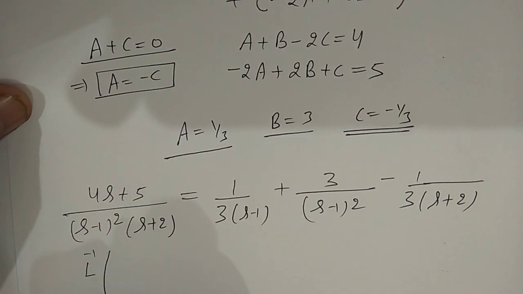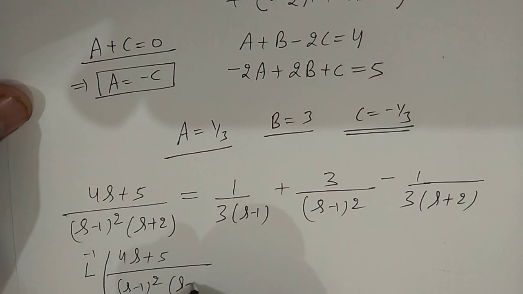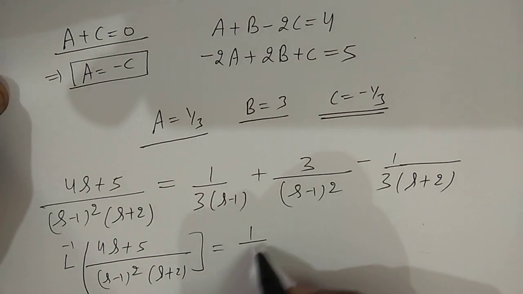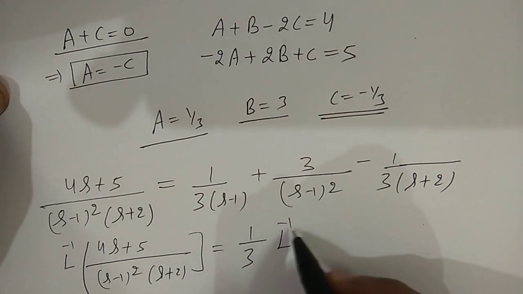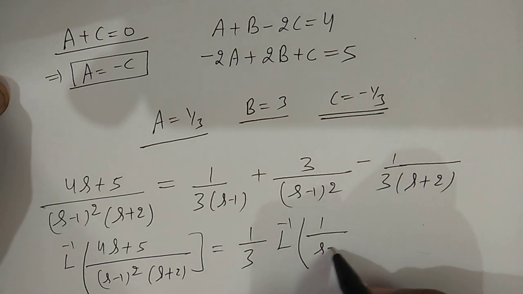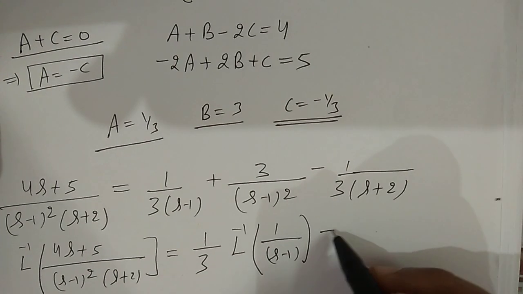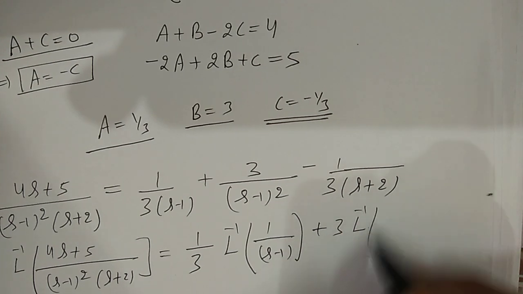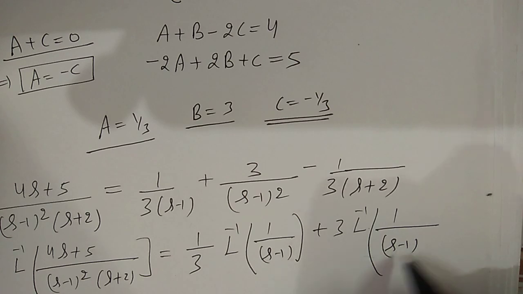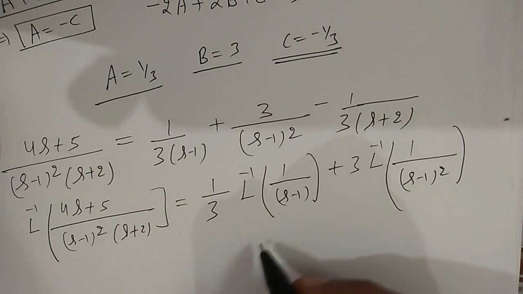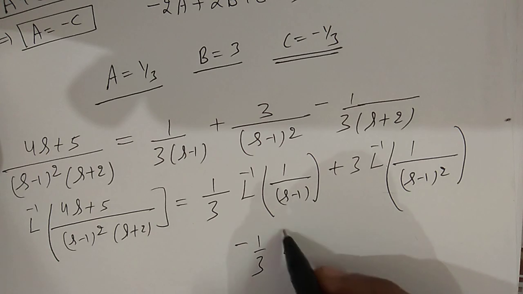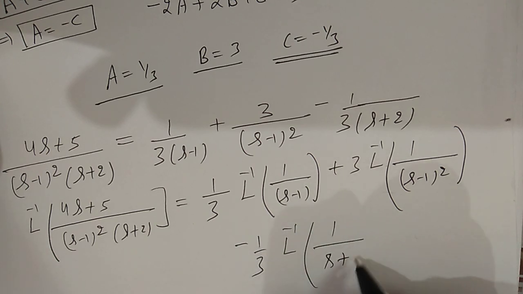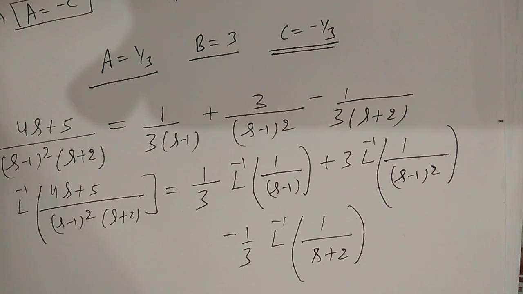The left hand side, L inverse of (4s + 5) divided by (s - 1)² (s + 2), equal to, I told you this satisfies the linear property, 1 by 3 inverse Laplace of 1 upon (s - 1), plus 3 times inverse Laplace of 1 upon (s - 1)², and minus 1 by 3 inverse Laplace of 1 upon (s + 2).